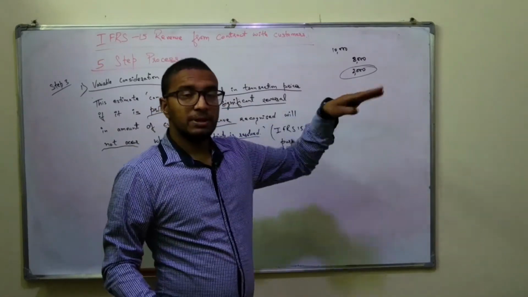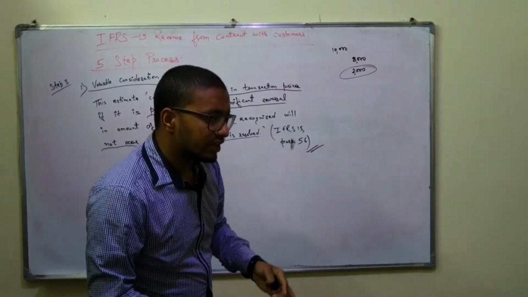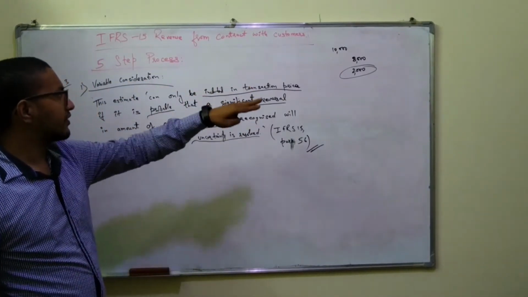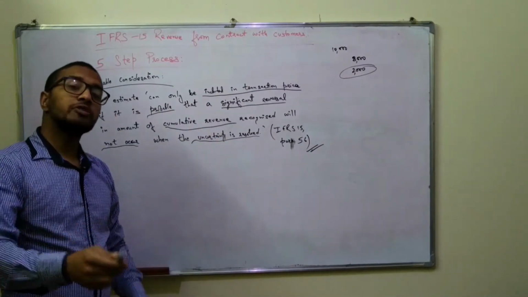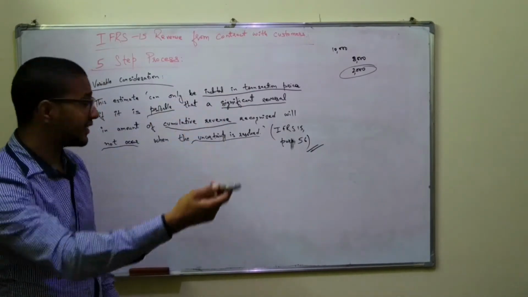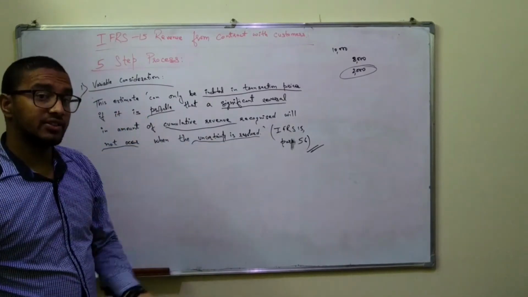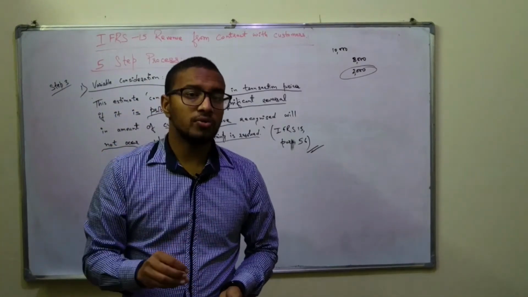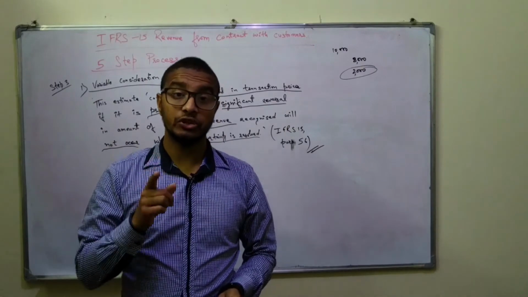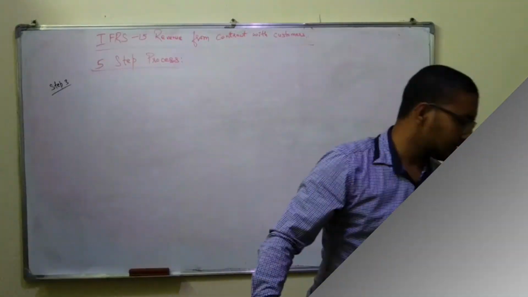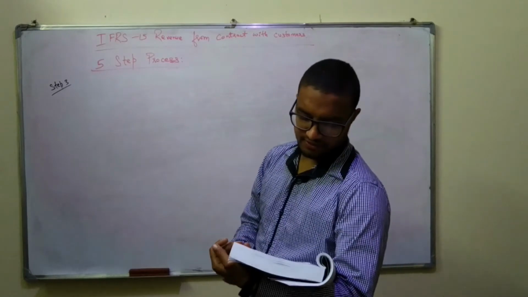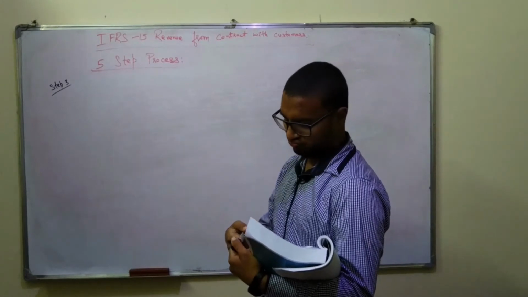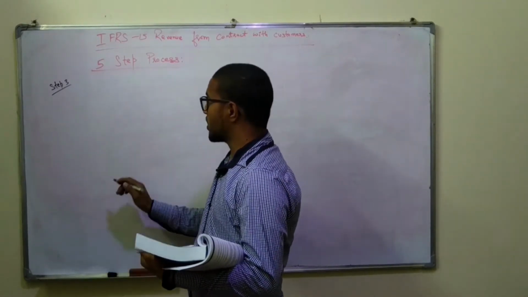So when you're recognizing revenue in the beginning, you need to be careful that the 2,000 you're recognizing is probable not to be reversed at a later date, when the uncertainty is resolved. That's a very important factor to consider when recognizing revenue. So let's do a problem of this, and it should be very clear for you. From the SBR book itself, let's look at TYU1, Bristow. So TYU1, Bristow.